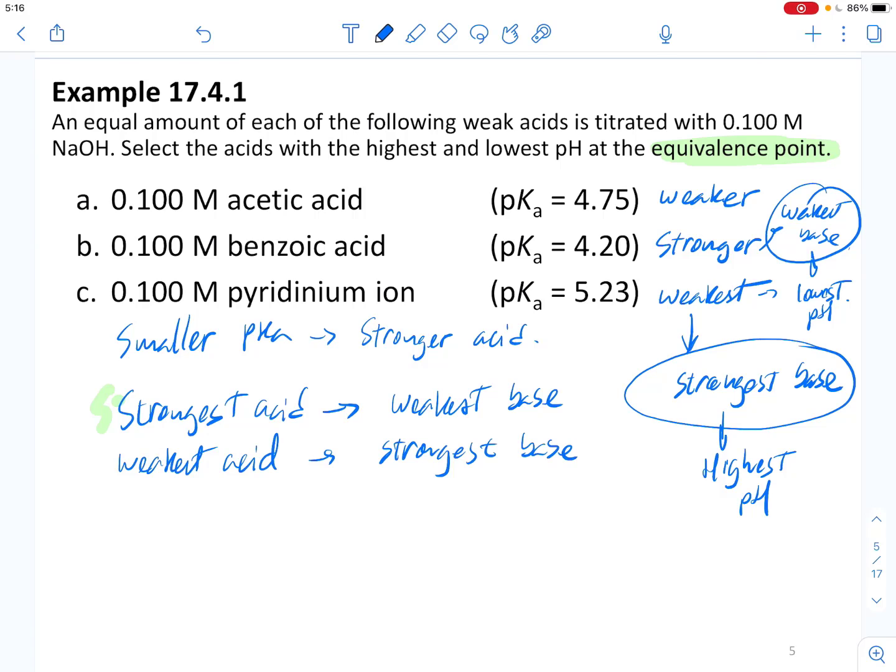So if you want to assign your answers here, B will give you the lowest pH and C will give you the highest pH.